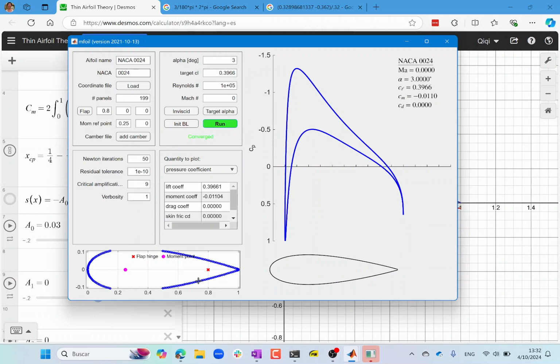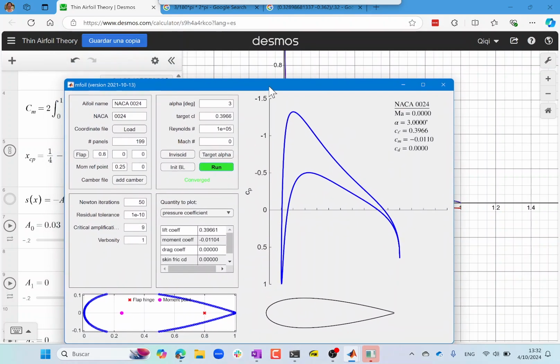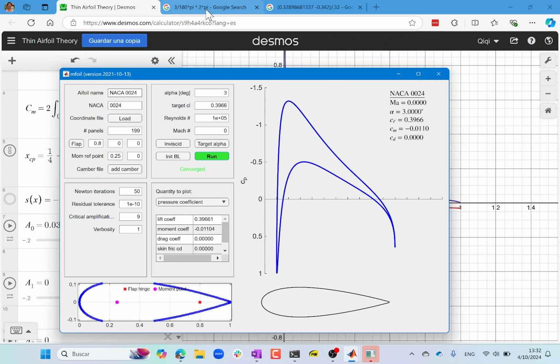Now, if you look at this airfoil at also 3 degrees angle of attack, you see that CL becomes even larger. CL used to be 0.362, now it's 0.396. So as we make the airfoil thicker, we actually get more and more lift. There is an increased error compared to thin airfoil theory.